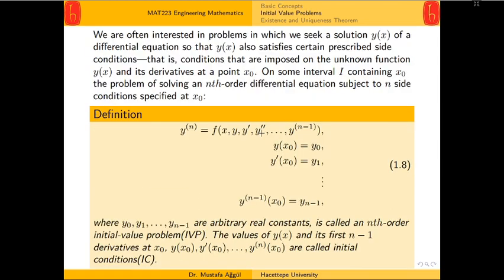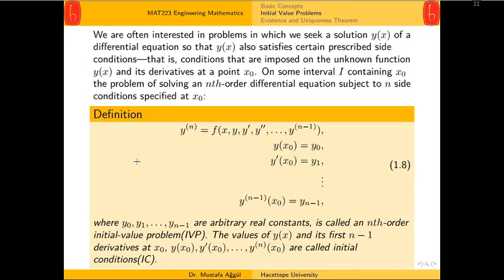We are often interested in problems in which we seek a solution y of x of a differential equation so that y of x also satisfies certain prescribed side conditions. That is, conditions that are imposed on the unknown function y of x and its derivatives at a point x naught.